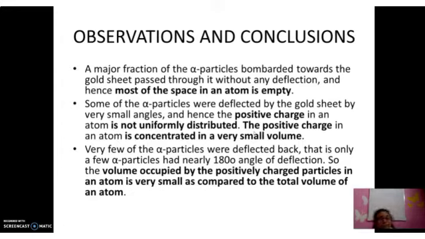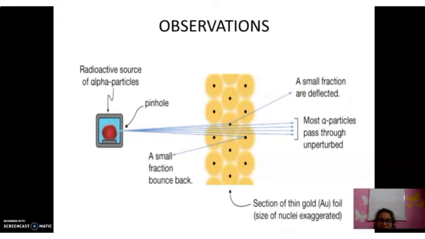Then we have seen a second type of alpha particles, very small number of alpha particles moved with very small deviation. Why does this small deviation happen? Here you can see a small deviation. We know alpha particles also have positive charge, and if any positive charged substance is moving like this and deviating from its path, why will it happen?